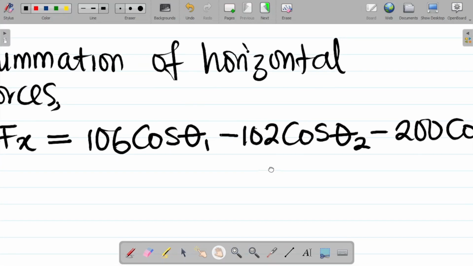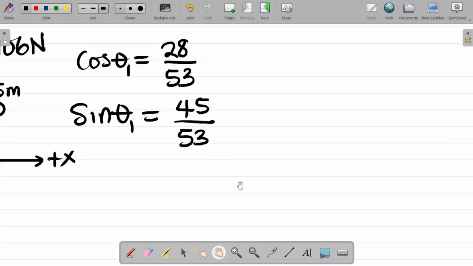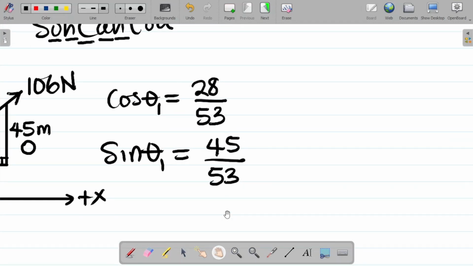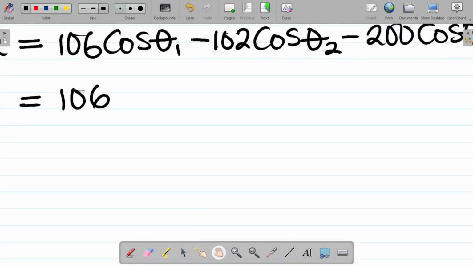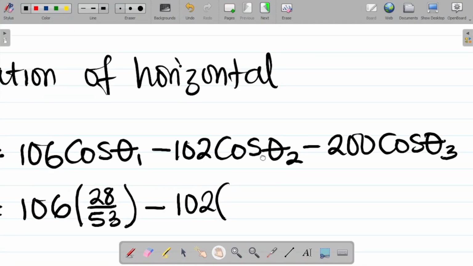Right, at this point here, let's put in values. That's equal to 106. What's cos theta 1? Cos theta 1 in value is 28 over 53. This into 28 all over 53, minus 102 into cos theta 2.